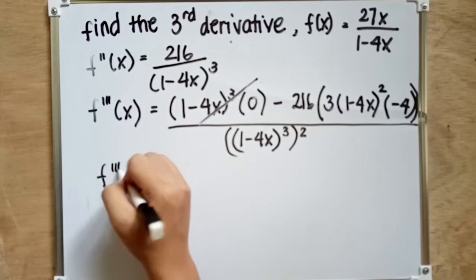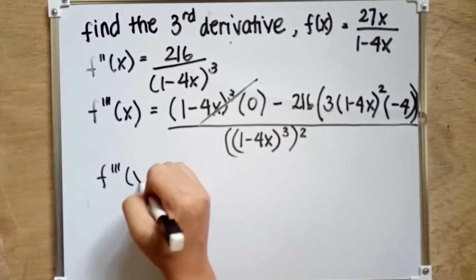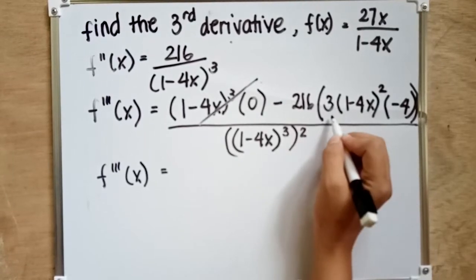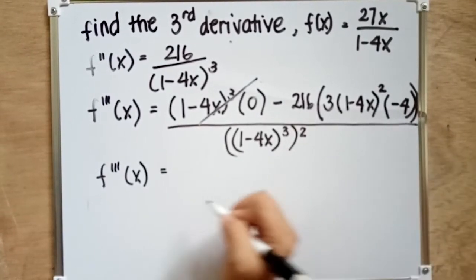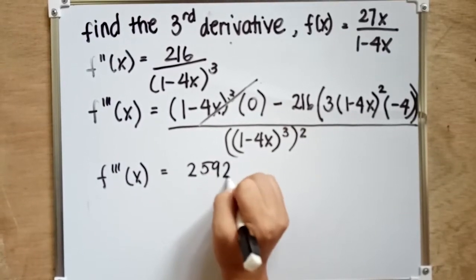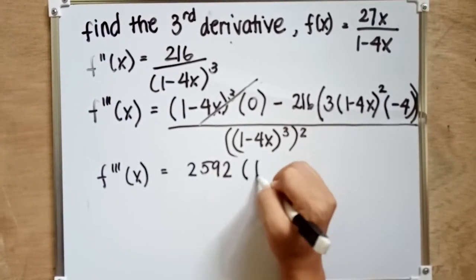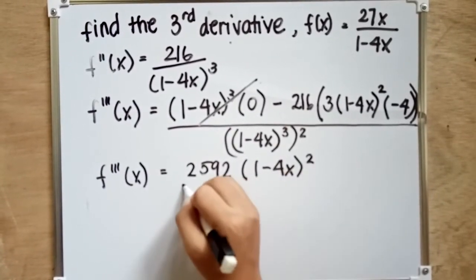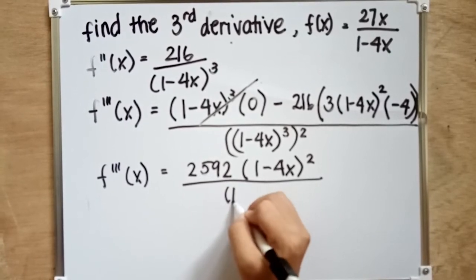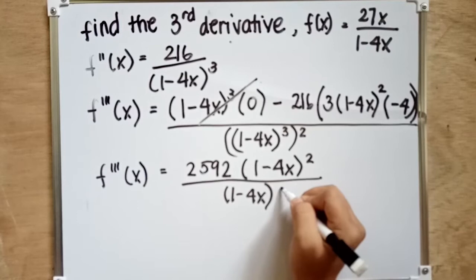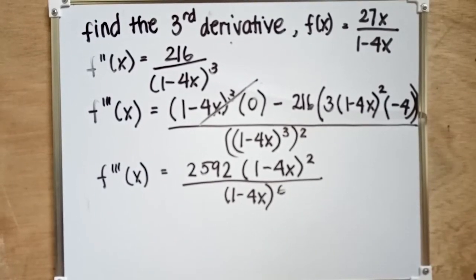F triple prime of x is equal to 216 times 3 times negative 4 is 2,592 times 1 minus 4x quantity squared over 1 minus 4x quantity raised to 6.